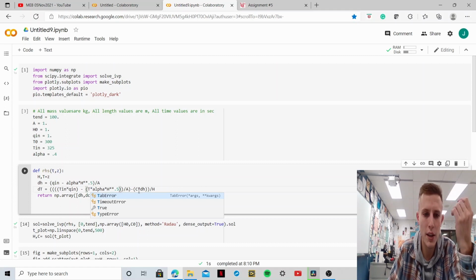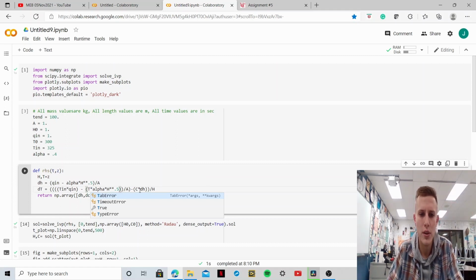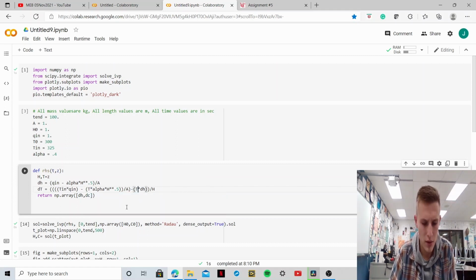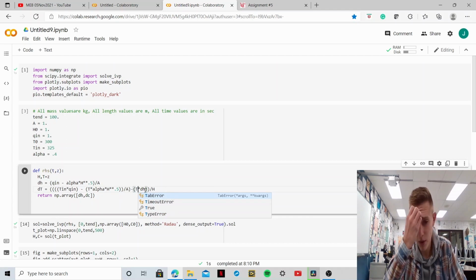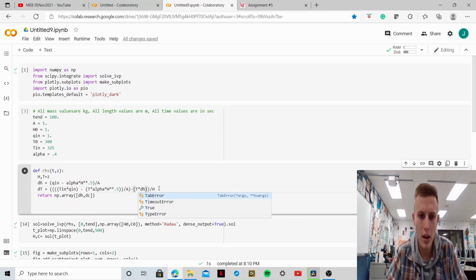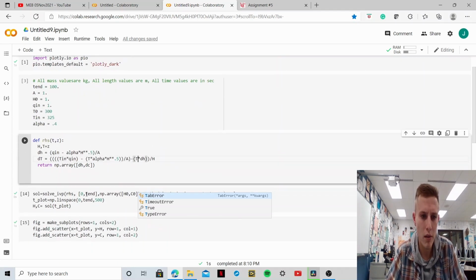Then we subtract out our C, which in this case is now temperature, multiply by our small change in height, and divide by our height.